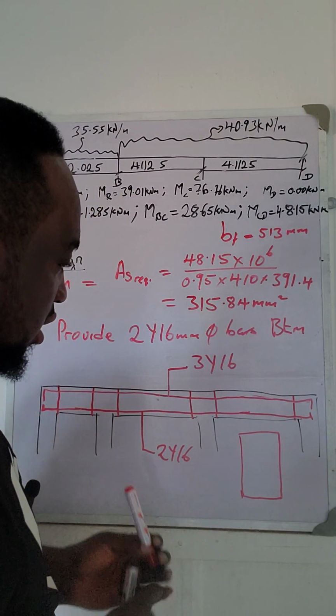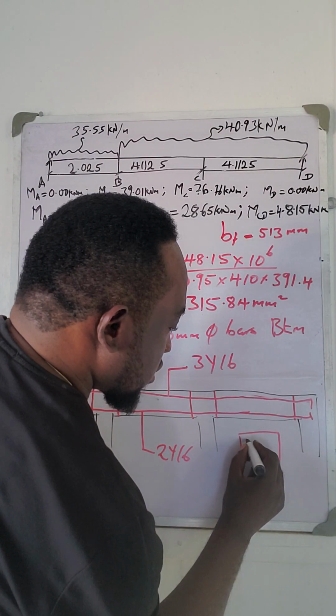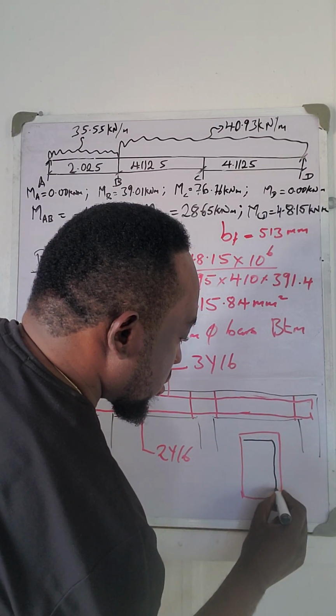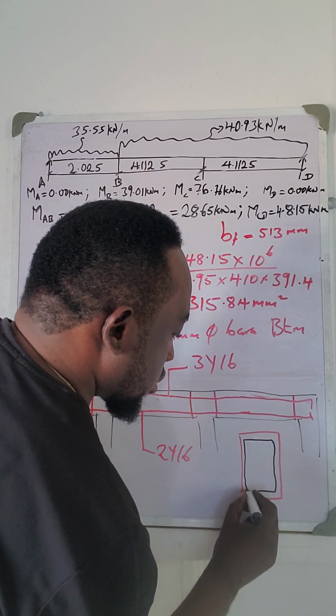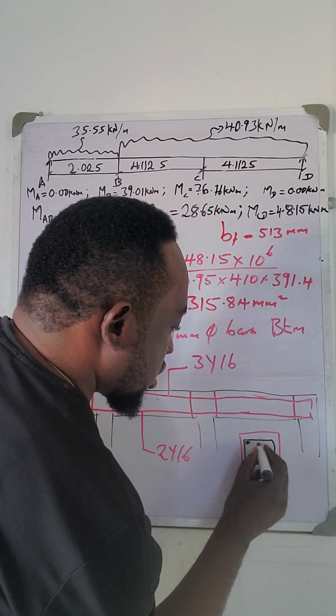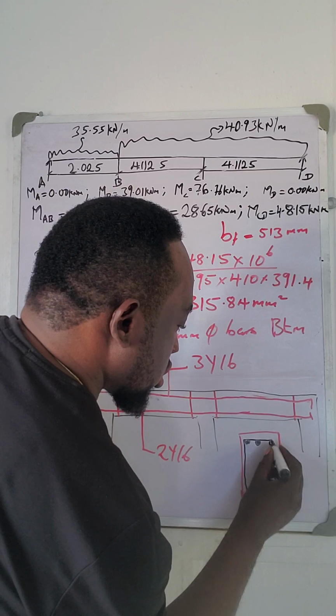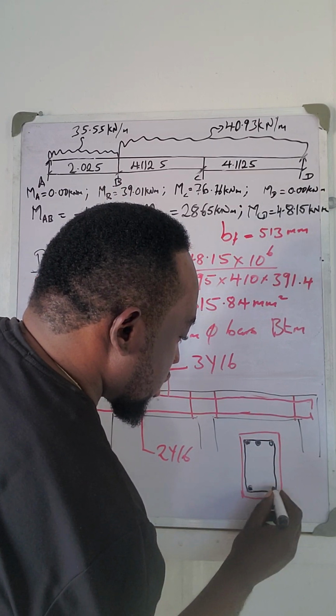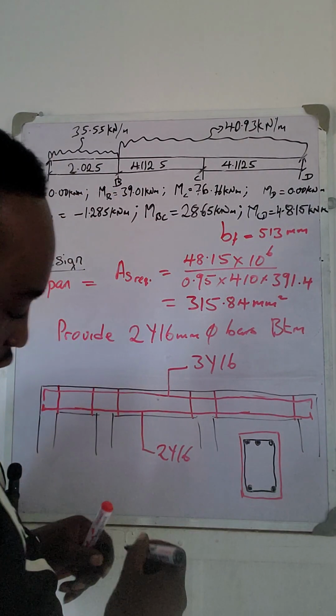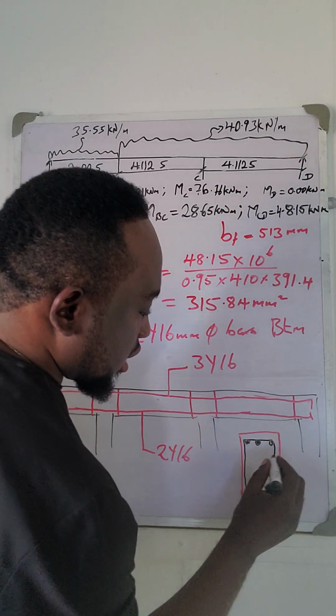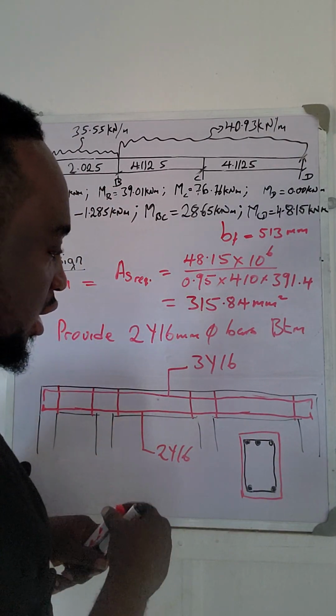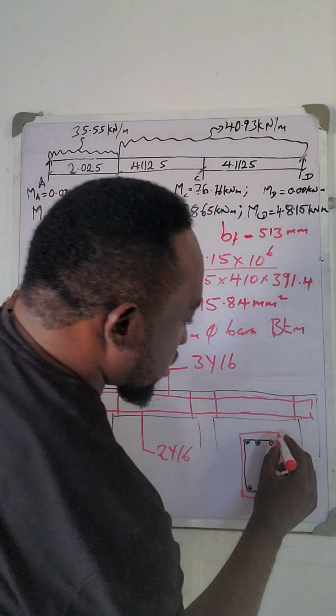All right, so the cross section will have to be like this. Then you have the stirrup. The top is 3Y16. Then the bottom is 2Y16. Right? But remember, it's an L beam.